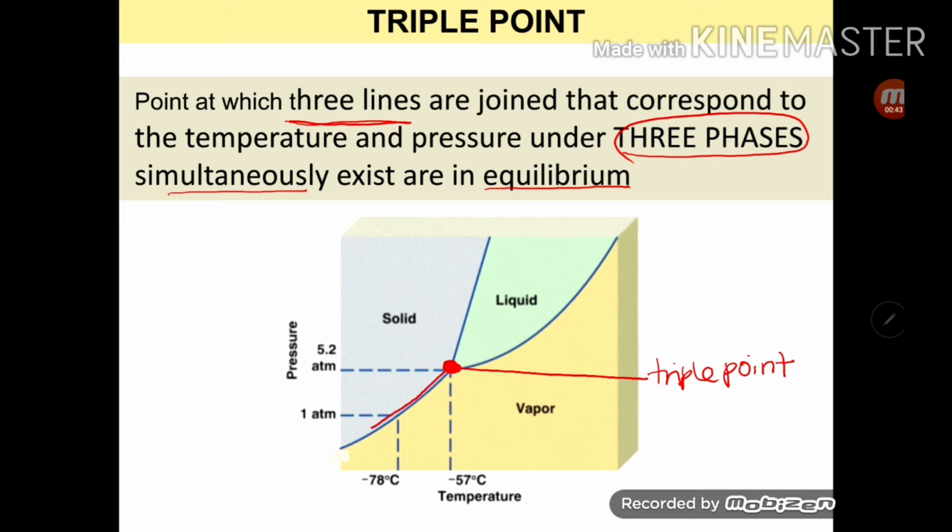The first line is the boundary between solid and gas, the second line is the boundary between solid and liquid, and the third line is the boundary between liquid and vapor. So at this point, three phases exist in equilibrium: solid, liquid, and gas or vapor.